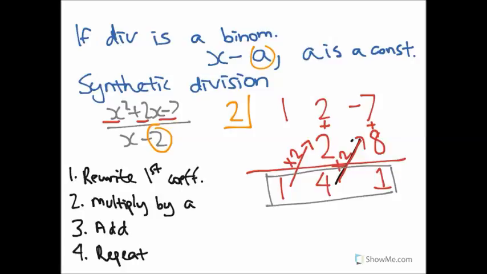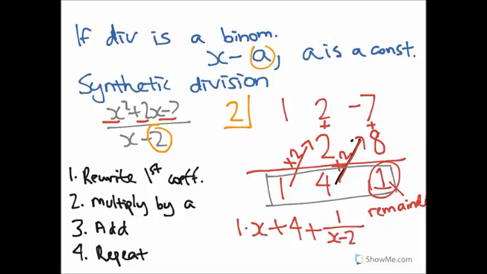And these will give us the coefficients of the quotient. So, we interpret this as 1 times x plus 4, and the final number here is the remainder. So this is 1 over x minus 2. And we can notice that this is the same answer that we got using long division.